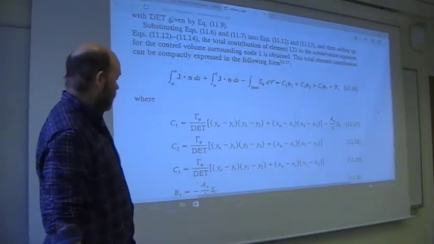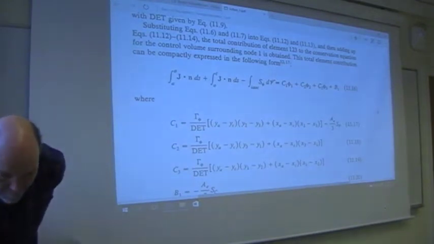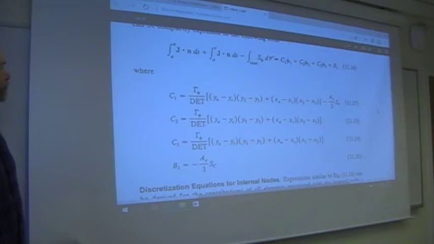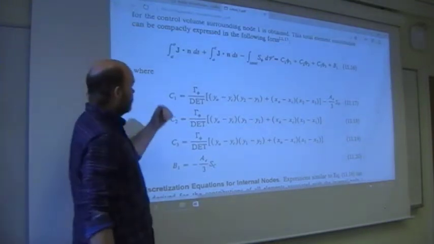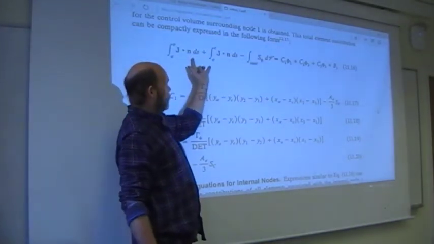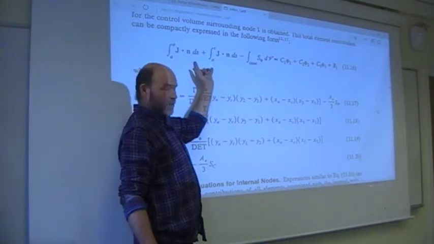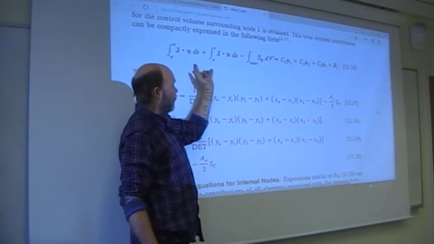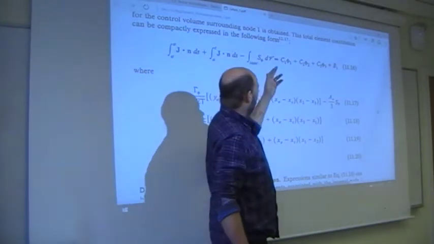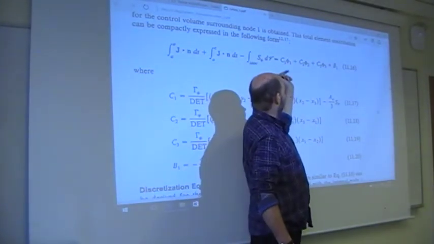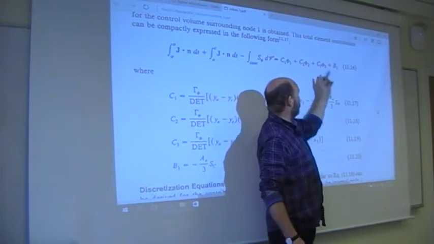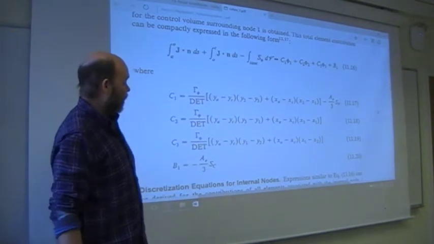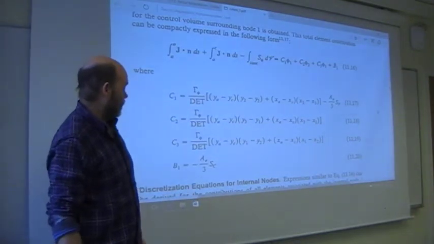And now we are talking a more useful form. So it's possible then to rewrite our two line integrals, the contribution from one triangle for the node point I. You will end up with some coefficients multiplied with all the three unknowns belonging to that triangle, plus a possible constant term.